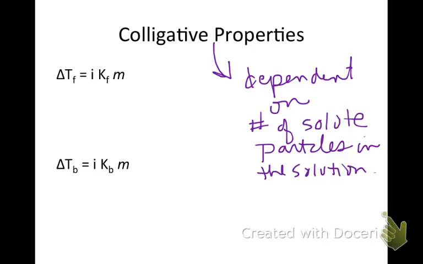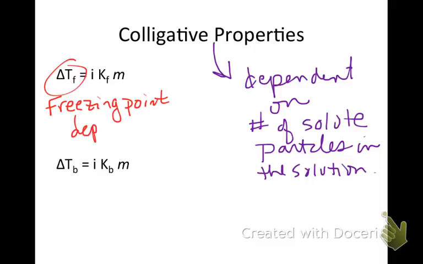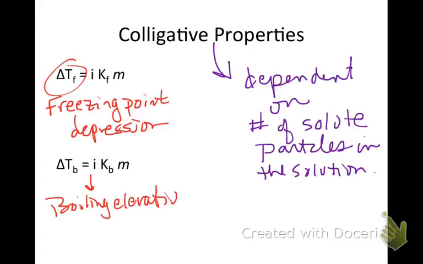The colligative properties that we're going to be looking at are freezing point depression and boiling point elevation.